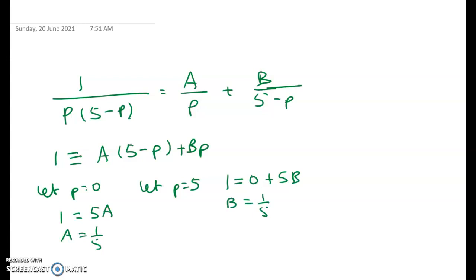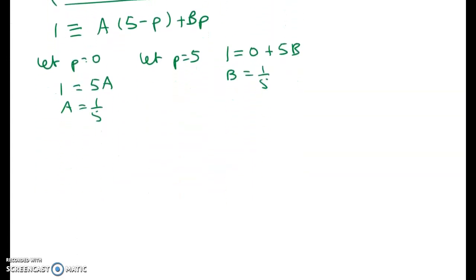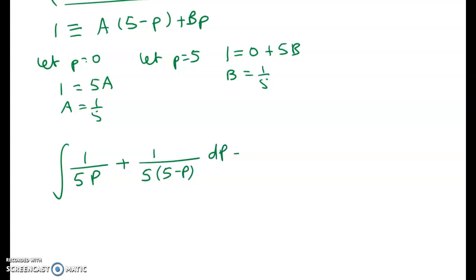So that means that I can go back and now split this up into two things. So doing that in the integral gives me (1/5 times 1 over P plus 1/5 over (5 minus P)) dP is equal to 1/15 dt.